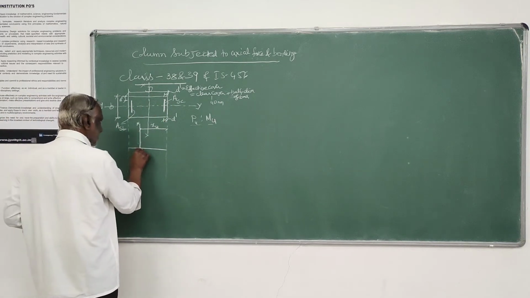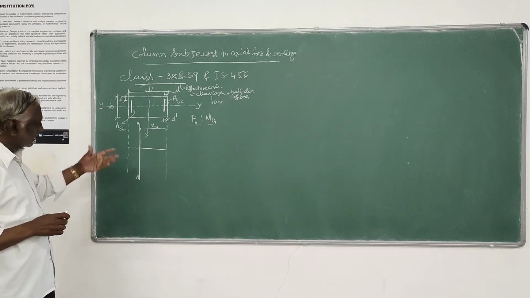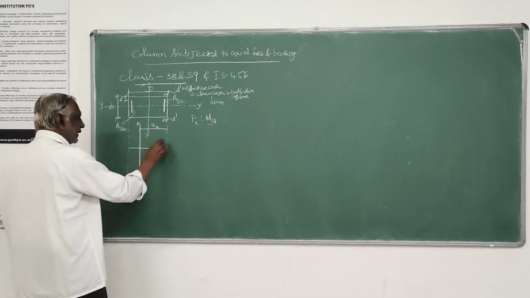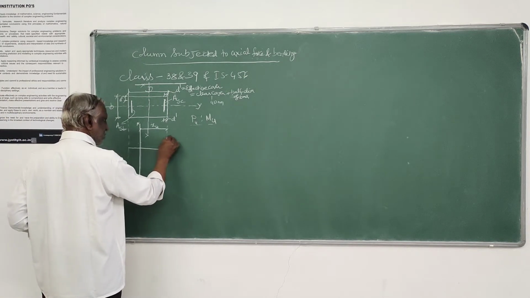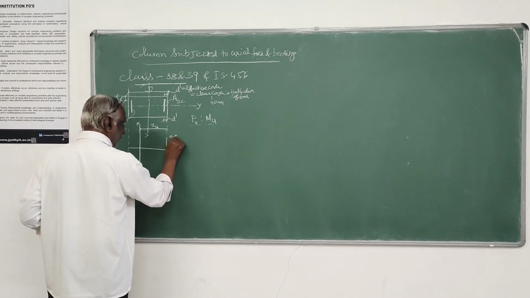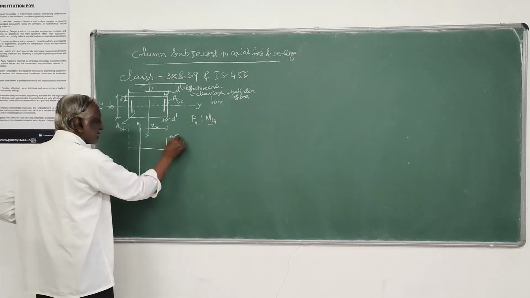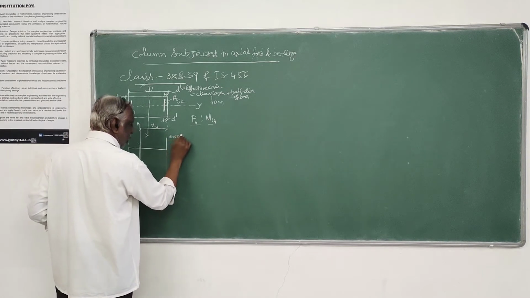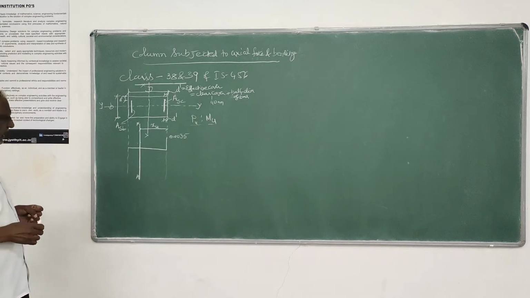So here there is no strain or stress, and the maximum stress will be at this compression zone. As per clause 38 of IS 456, the maximum strain you can allow in concrete is 0.0035.